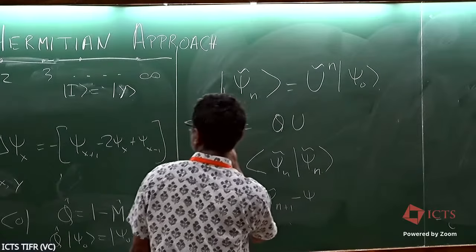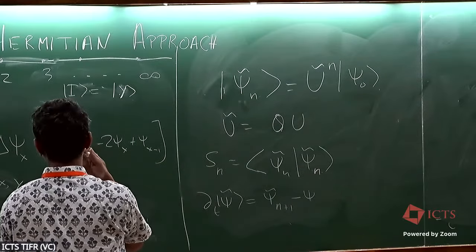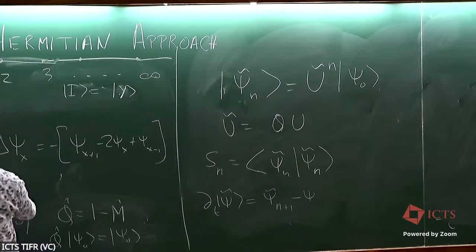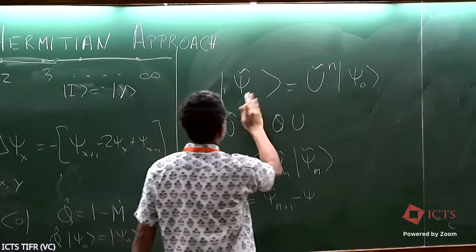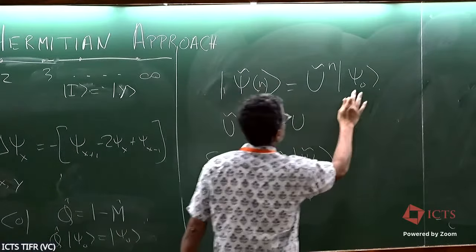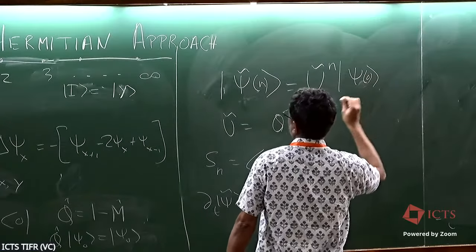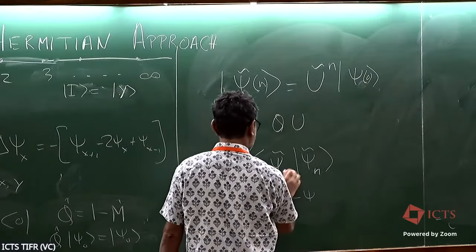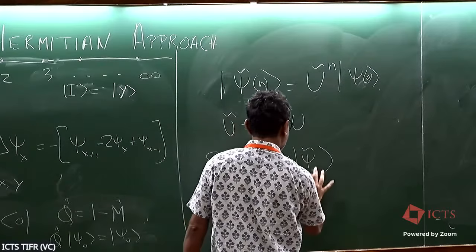This new notation is getting very confusing because here I put x, and n is time, right?